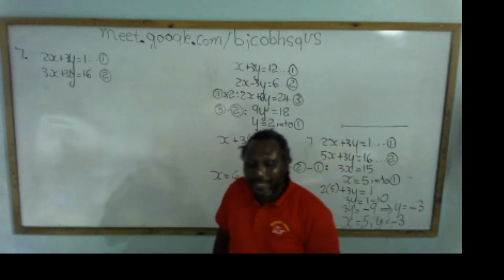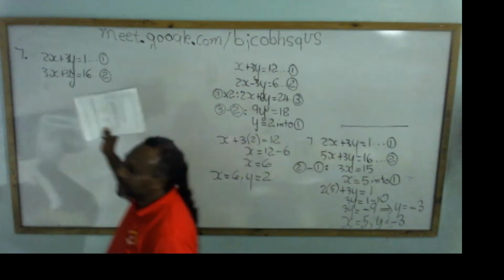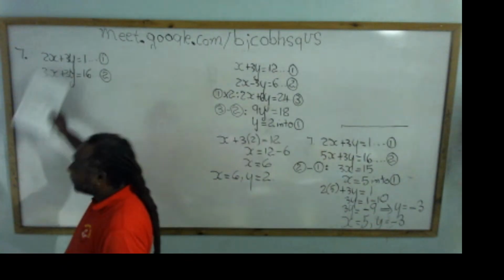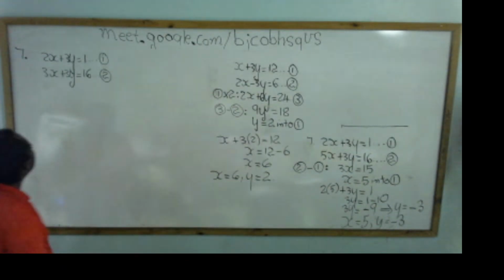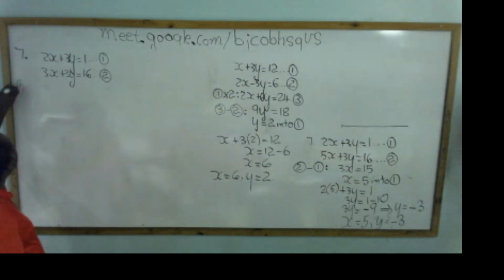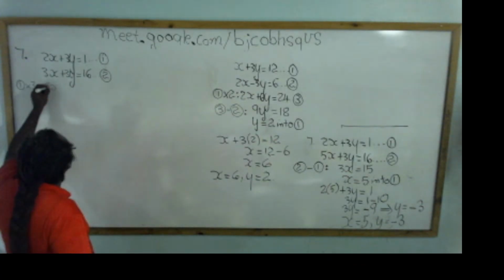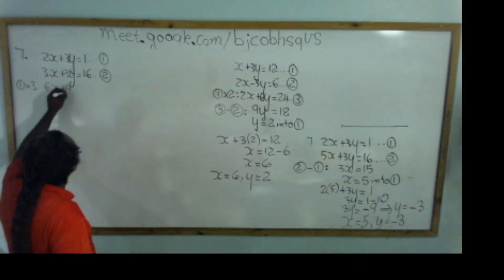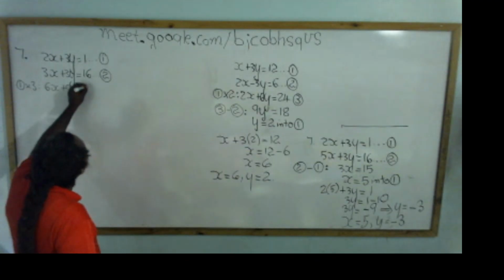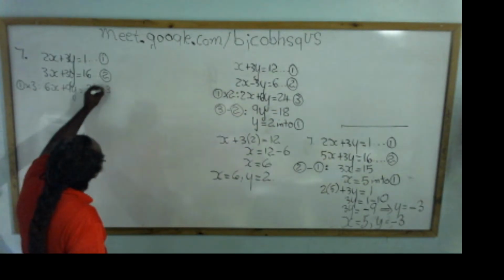If we are going to eliminate the x's, we will multiply interchangeably. So take equation 1 and multiply by the number down here, which is 3, and we get 6x plus 9y is equal to 3, and that's equation 3.